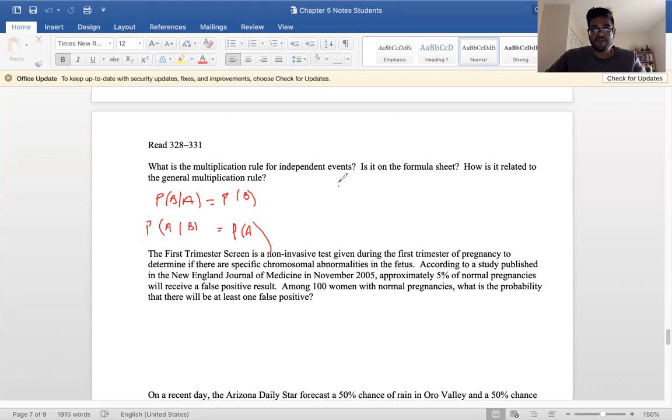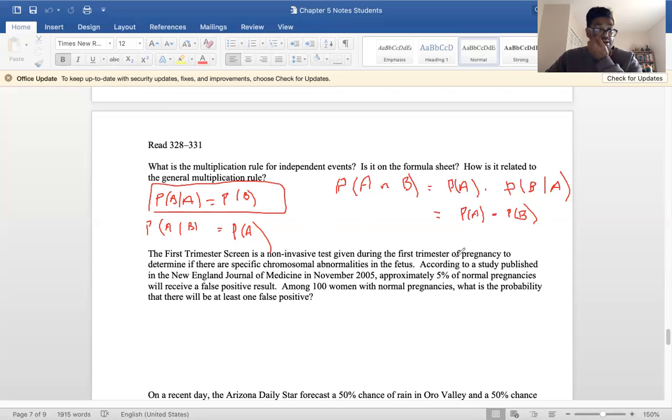And so when you want to find this, when you use that equation that we just wrote down, the probability of A intersection B is equal to the probability of A times the probability of B given A. Well, if they're independent, then you just end up with the probability of A times the probability of B. Okay, and that's from this right here.